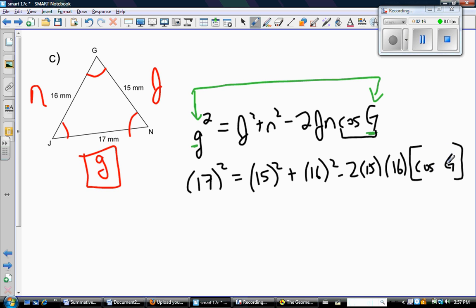But for now, cosine G is a combined package. So let's do a little bit of math and then start to rearrange.